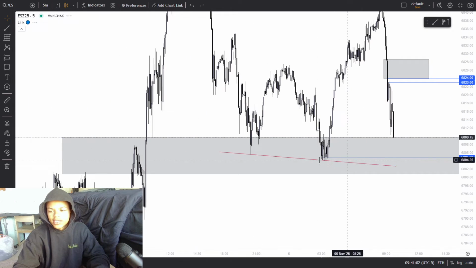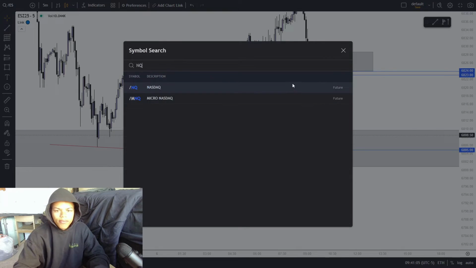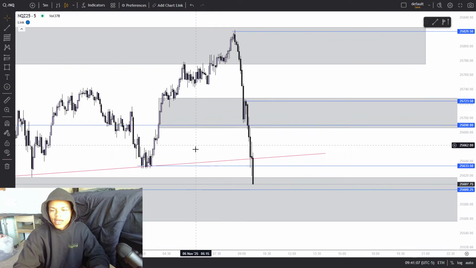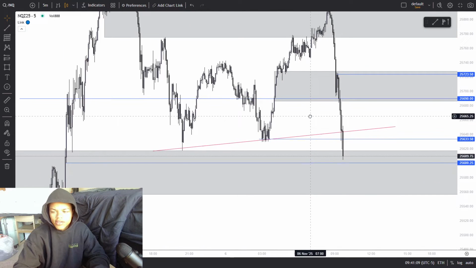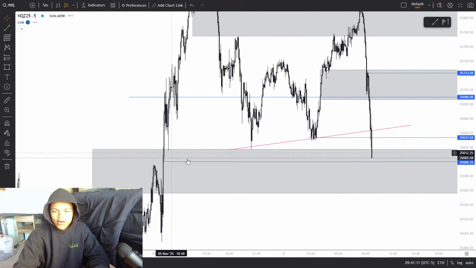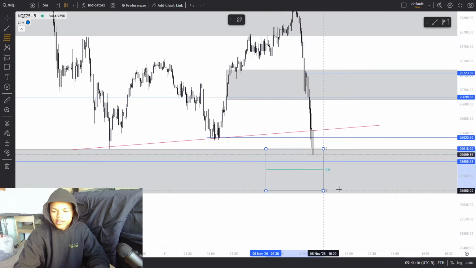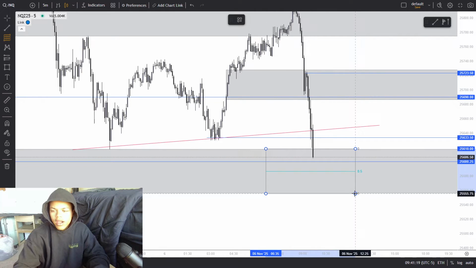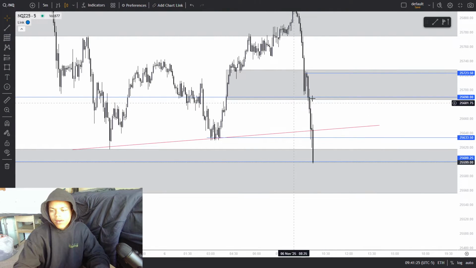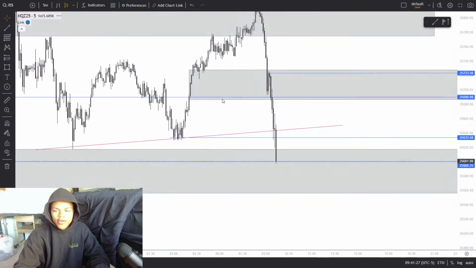But definitely want to see us take out the sell side right now. I really do like how we're staying under. We're kind of just having that sell off. Right, we want to get to the 50 point here of this fair value gap, and also take out and clear these lows. Probably gonna look for an entry soon.